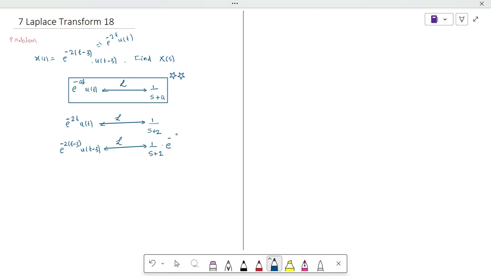Why? Because it is a delayed signal, delayed by 3 units. So you can write 1 by s plus 2 into e power minus 3 s.